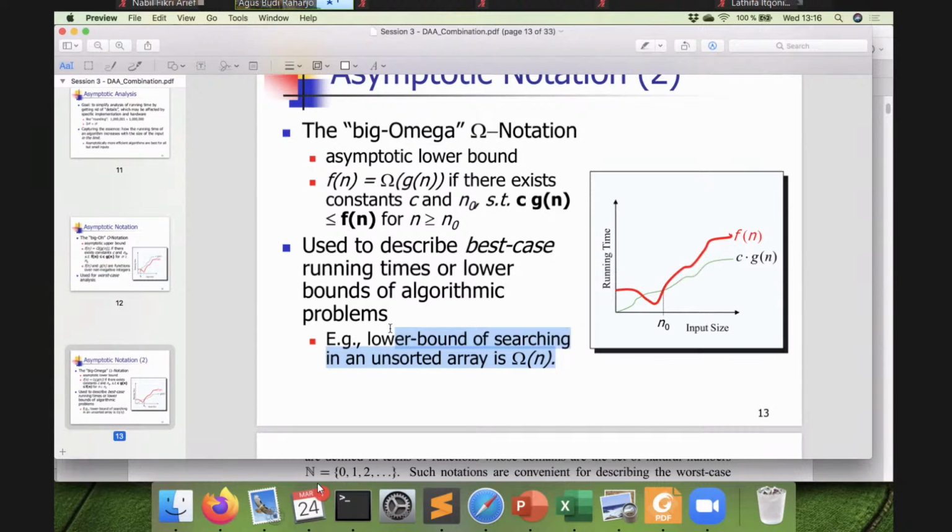The worst case is when we find the element at the end of the array, or it doesn't exist in the array. So this is the lower bound of searching unsorted, and big O is the same thing. It's n. We have to visit one by one and check all the possibilities.